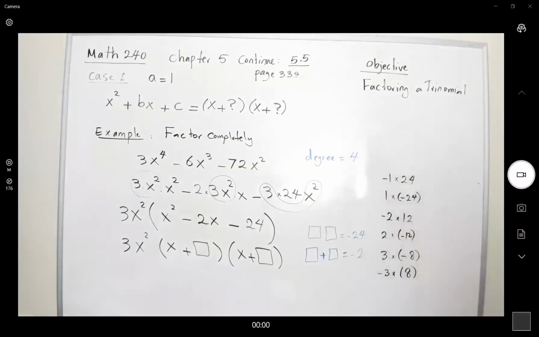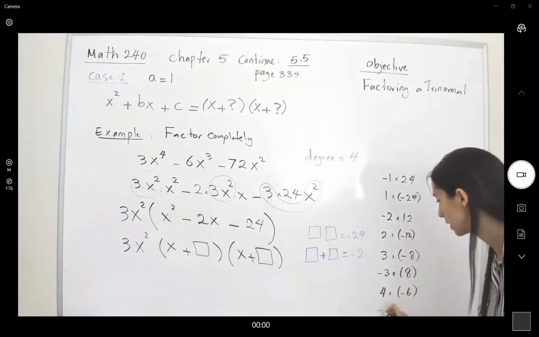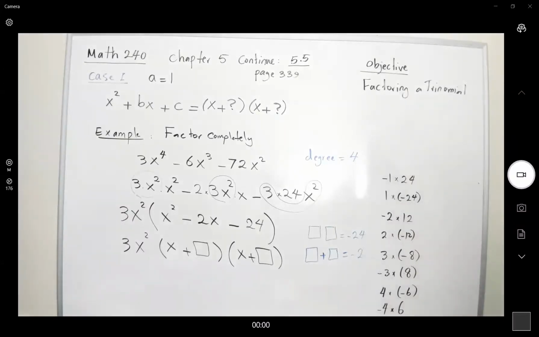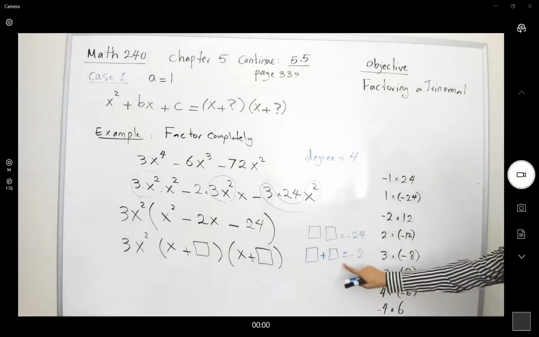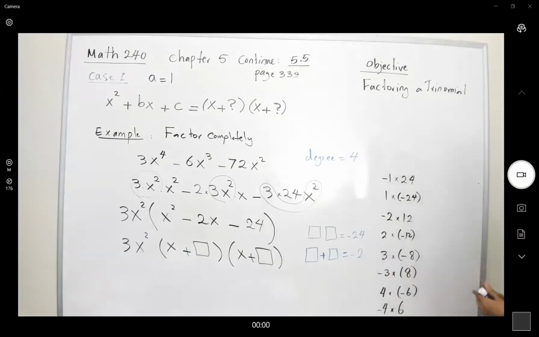What else do we have? 4 and 6. Yes, of course. 4 and -6, -4 and 6. Okay. Pretty much it. We don't have any other factorization of number 24.